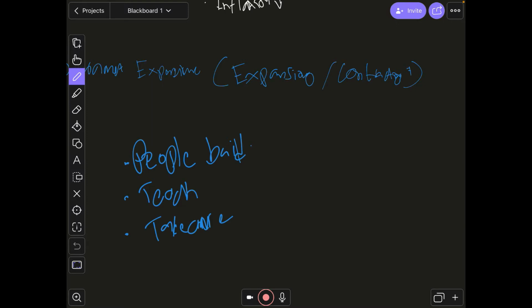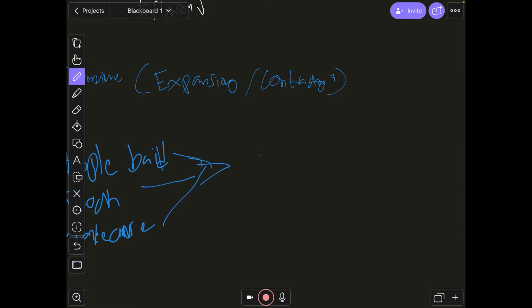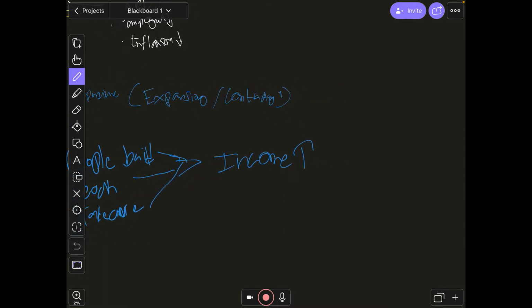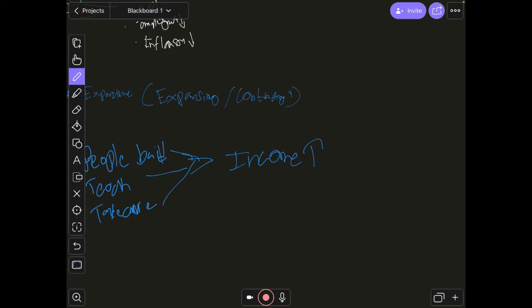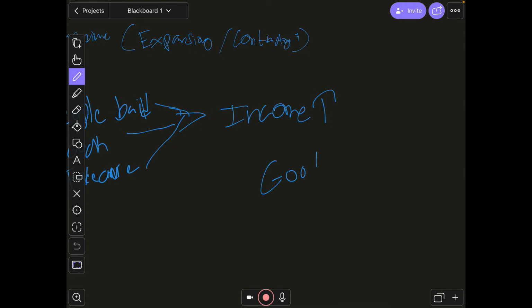So this is also part of government expenditure. When the government spends its money to hire these people, the government obviously pays them, and so this leads to income for those people. And when they earn income, these people will spend this income on goods and services.